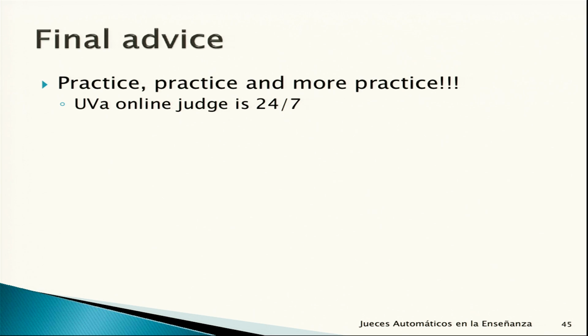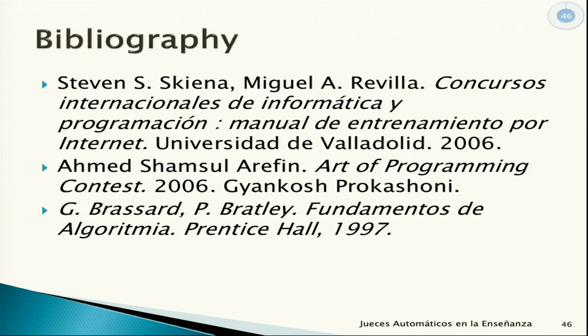The good point is that the judge is always working, 24/7, so it's not like a teacher that sometimes is not available. So in your weekend or one afternoon, you can take some time to improve your skills.